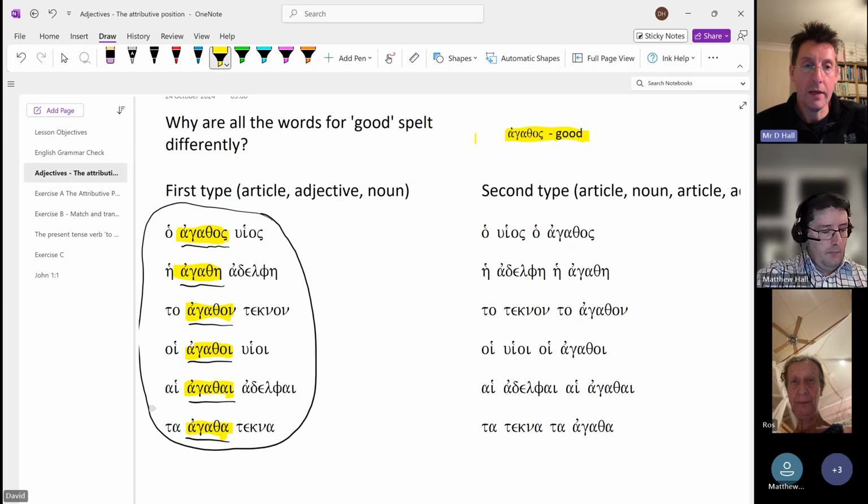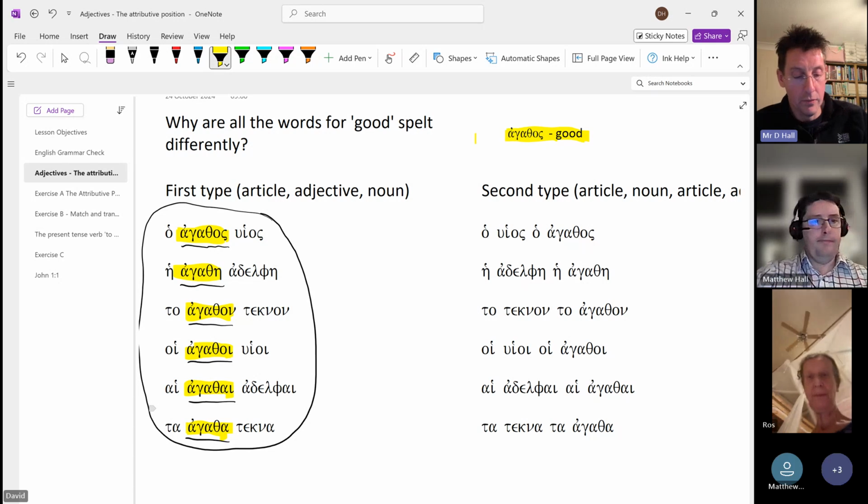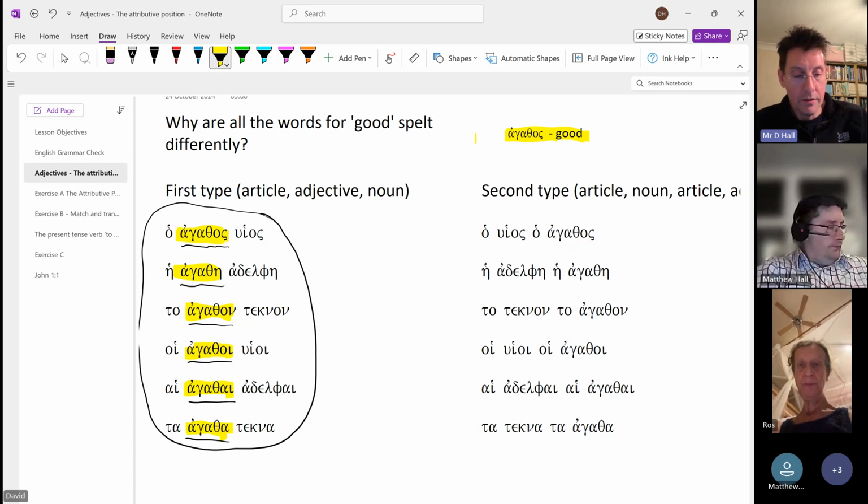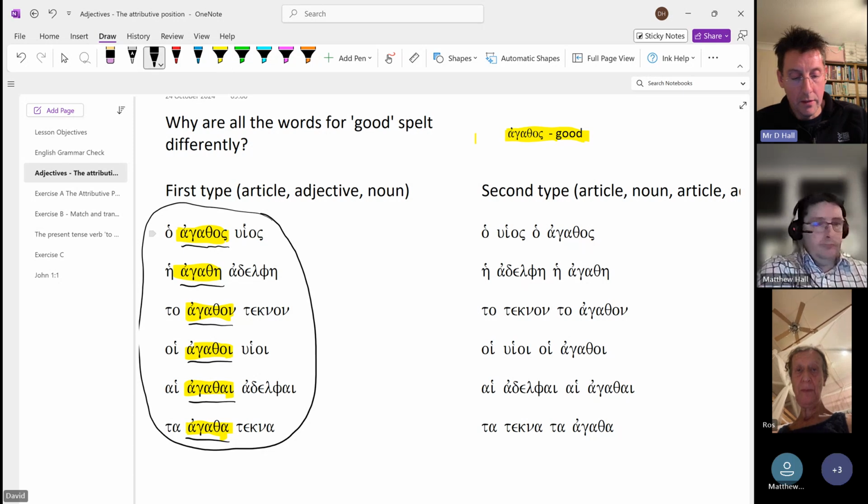Okay, so the three key things that any noun has are its number, its gender, and its case. If you want an adjective to describe a noun, then you need to make sure it's agreeing in those three things. So if we look at the examples I've got here, we have the good son, and the son here, because it's all about the noun really, to work out how you're going to write your adjective.